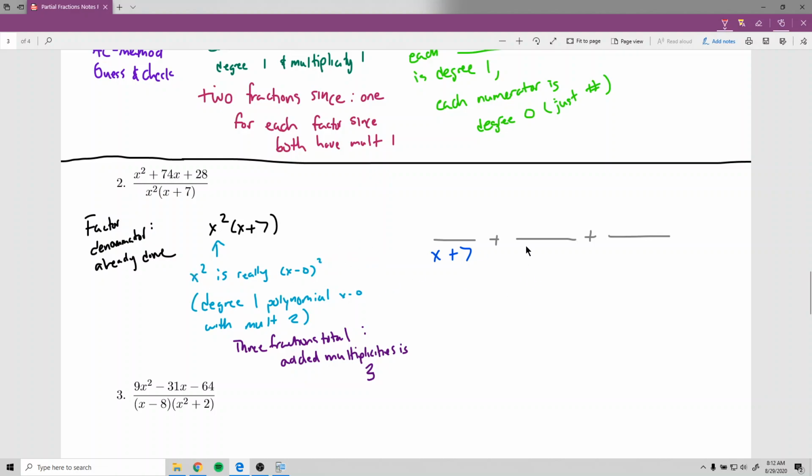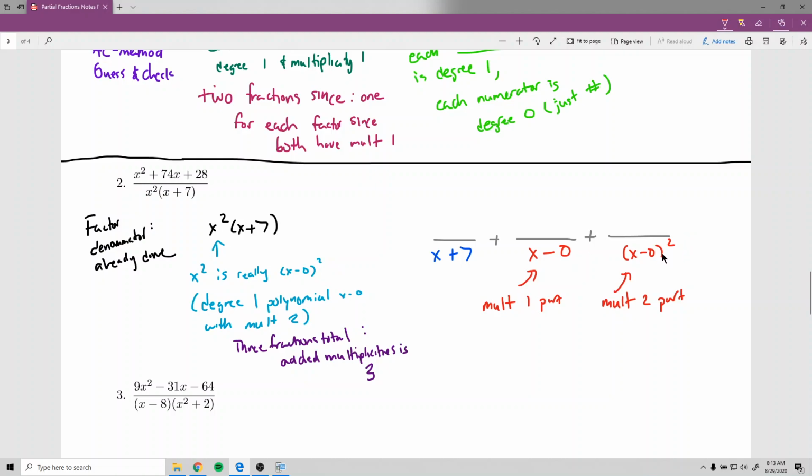We start off with just the multiplicity 1. So one denominator is x minus 0, and then the other denominator is x minus 0 squared, the multiplicity 2 part. Right, so it makes 2 fractions. One is just the inside, and then the next one is with the squared.